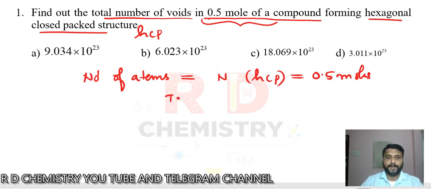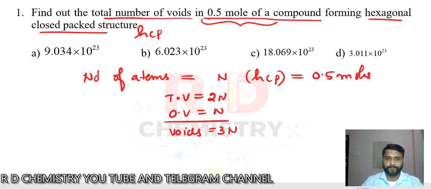We have tetrahedral voids equal to 2n, and octahedral voids equal to n. Therefore, total voids are equal to 3n. Fine, 3n, which is 3 into n, and n is already given as 0.5 moles. So many moles are there.